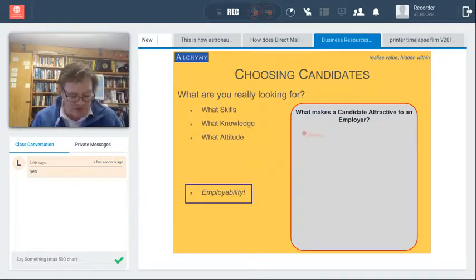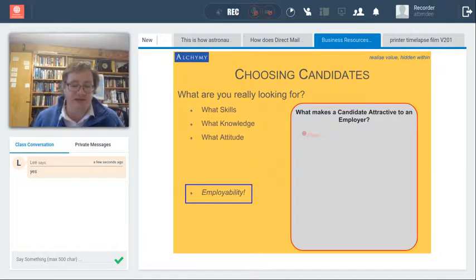We might also have preferred capability. Not essential per se, but it would be nice to have. For example, a second language, additional relevant experience, maybe a qualification at a higher level.